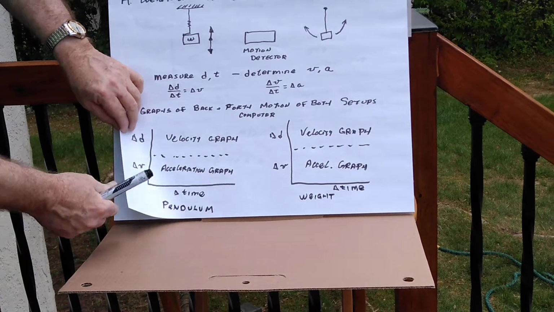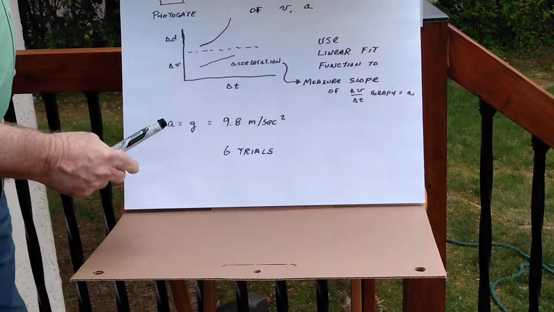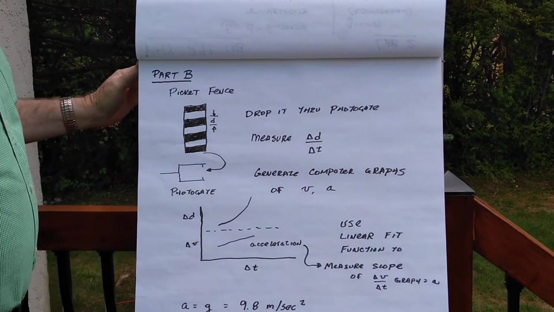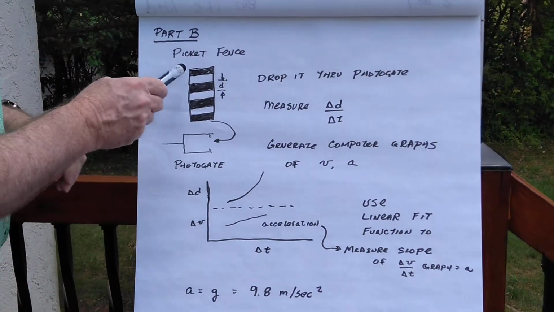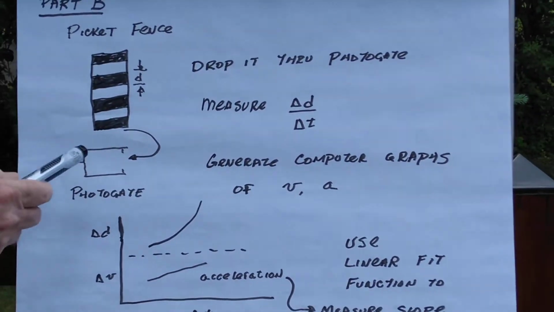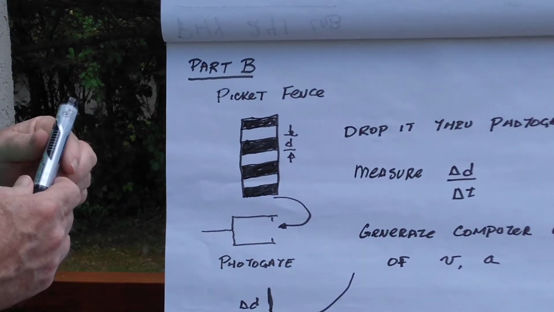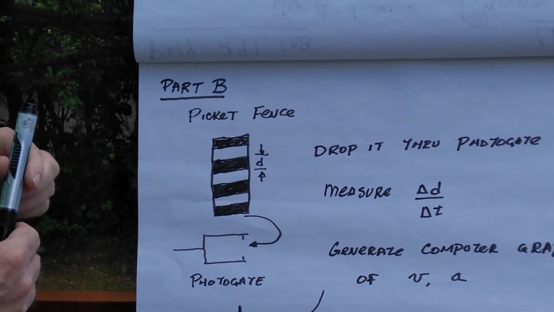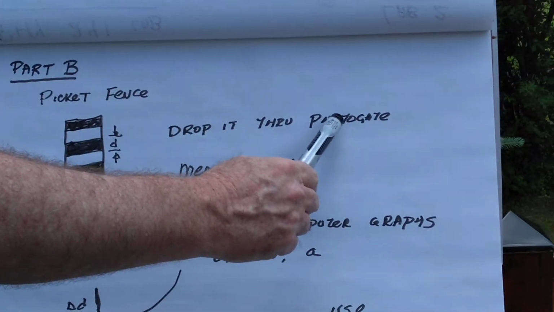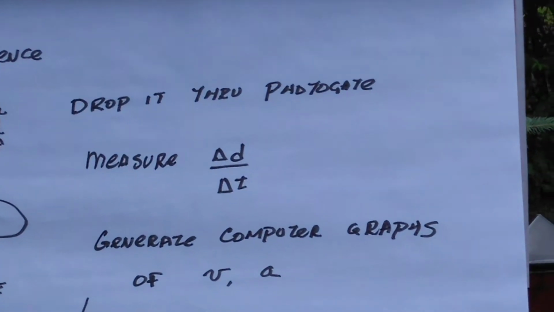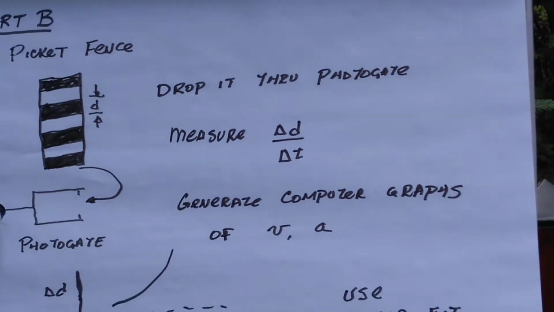The second part of our lab will be using what we call a picket fence. A picket fence is a long acrylic strip that is black and white, checked, sort of like a picket fence. And we're going to use a photo gate to measure acceleration. The photo gate looks something like this.